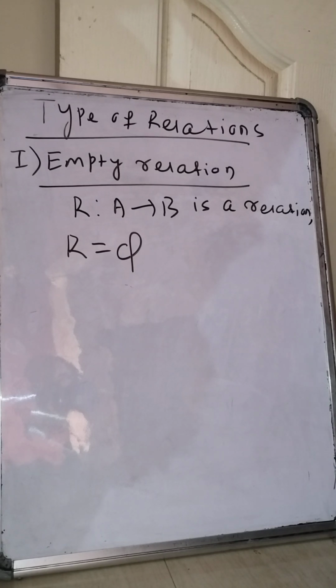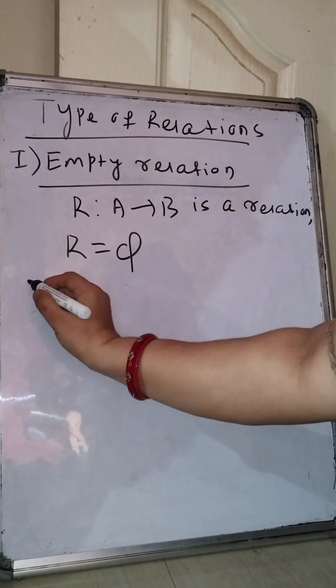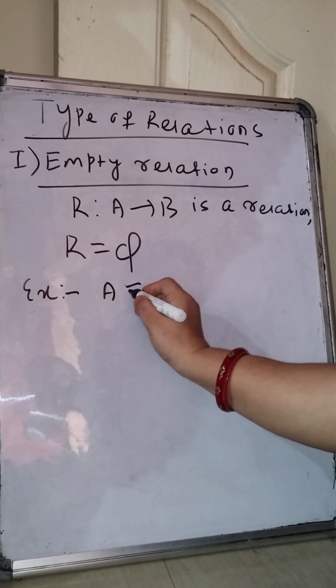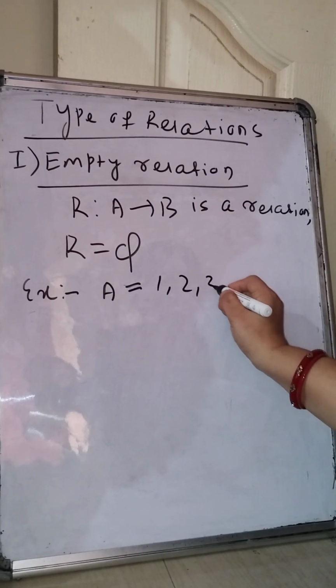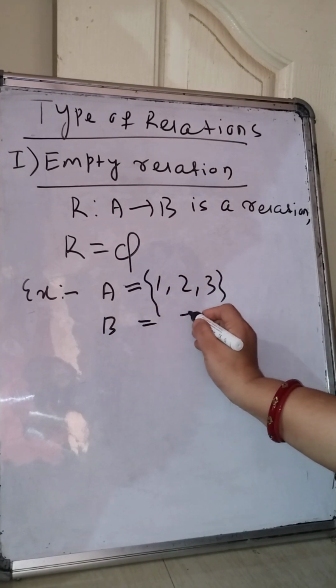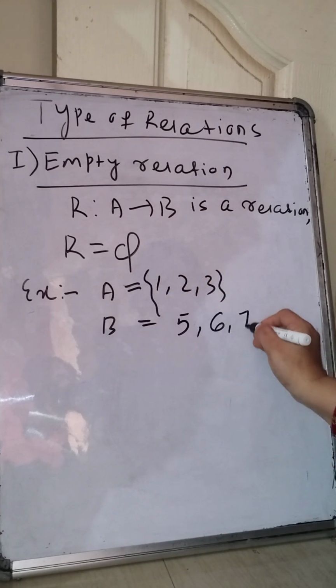See, suppose set A contains elements 1, 2, 3, and another set B contains elements 5, 6, 7.